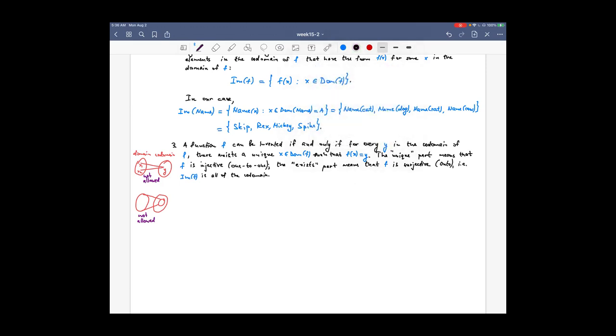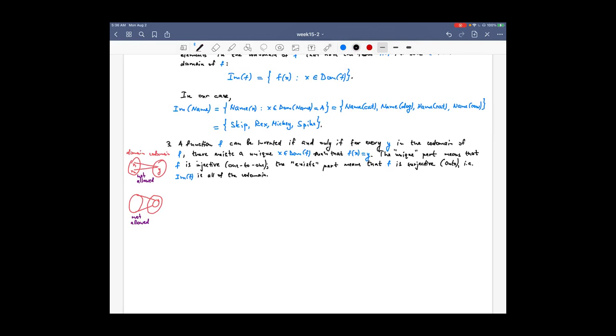Now, in our case, the function satisfies both conditions. It's injective and surjective.